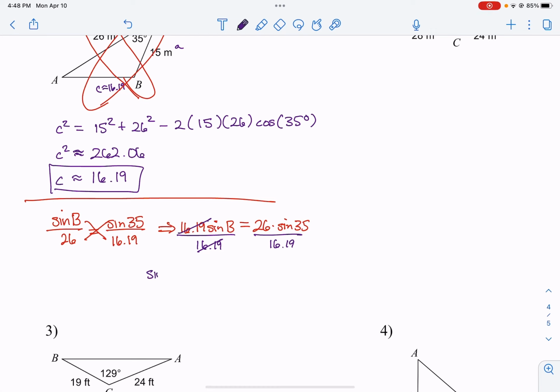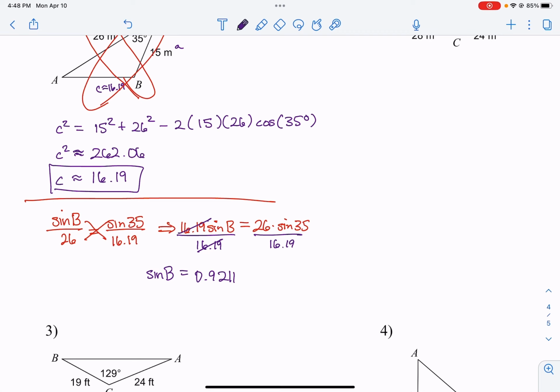We have sine of capital B is equal to, let me calculate that whole right side, 26 times sine of 35 divided by 16.19. That is about 0.9211.